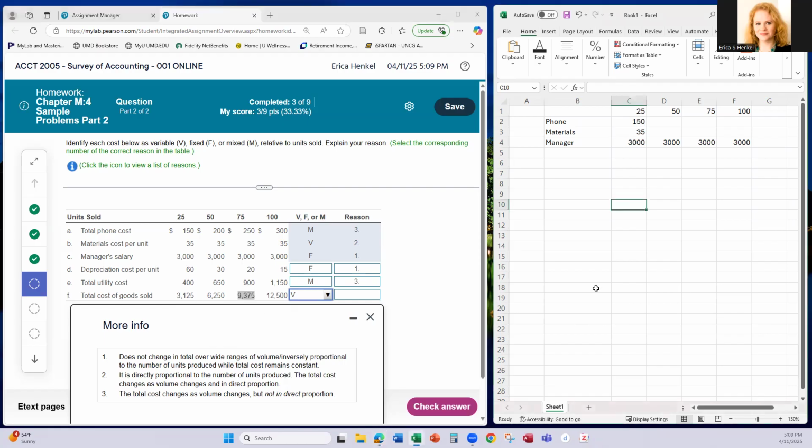Or if we say the amount per unit, right? So 31.25 divided by 25 is 1.25. And then here, if I take 62.50 divided by 50, again, 1.25. So the amount per unit is the same across all of those. So directly proportional again.